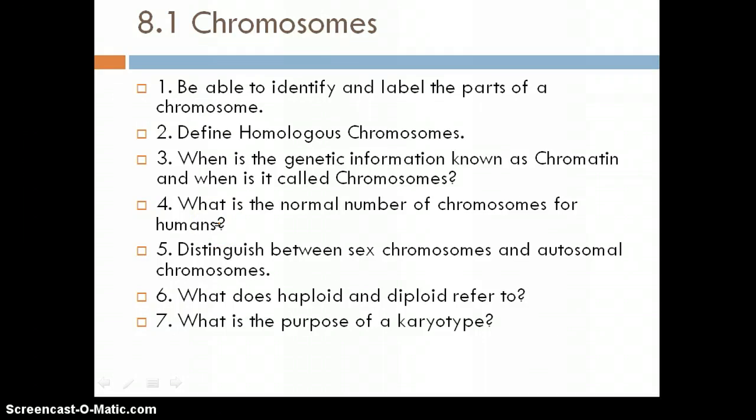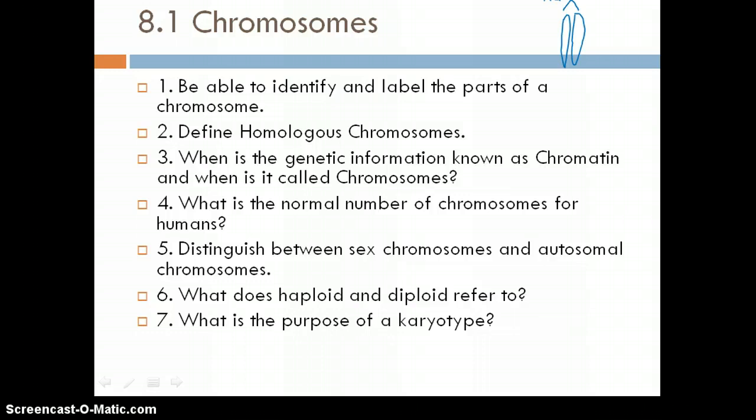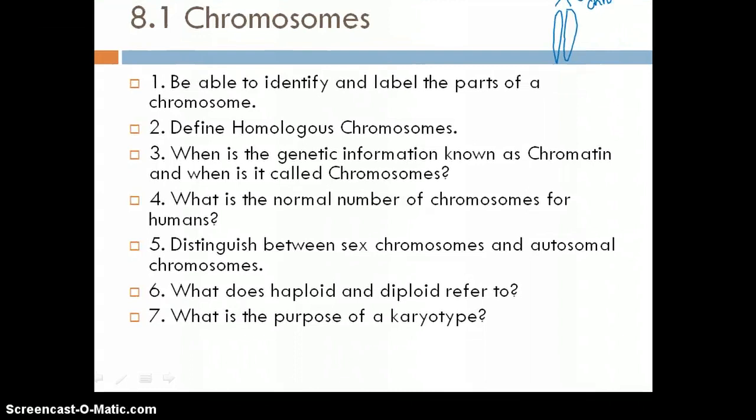So you have this in your notes, and we have gone over it a couple times in class. But basically we have what's called homologous chromosomes. Homologous. And that's going to be the two together.